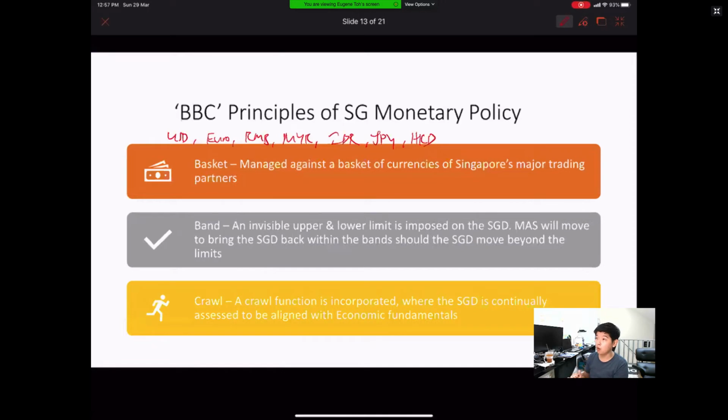And then lastly, the crawl principle. Now, we generally want our currency to crawl upwards. In other words, most of the time, the approach we take is a modest and gradual appreciation of our Singapore dollar.